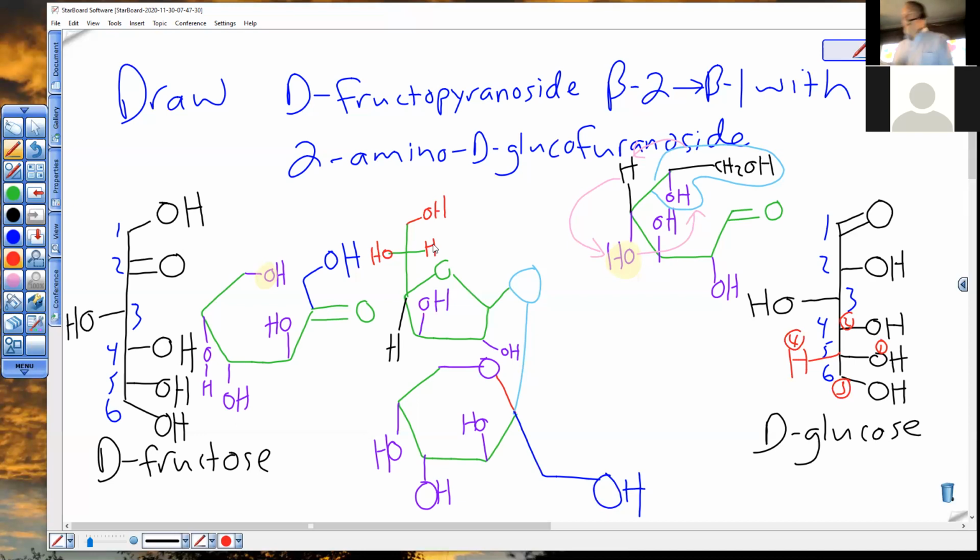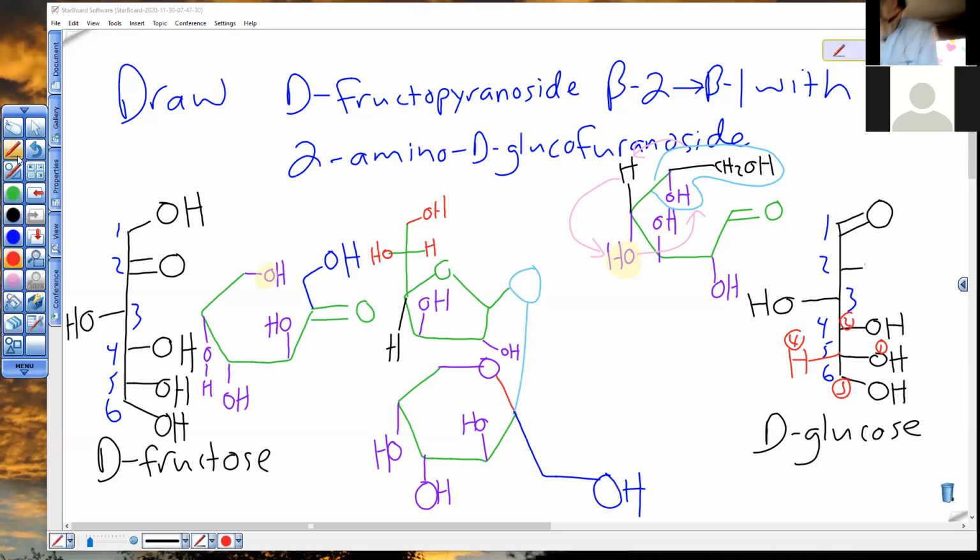And I totally ignored the fact that I had 2-amino in the name. I'm glad you guys are so patient with me. What does 2-amino mean? It means in the same position where you used to have an OH is an amino group instead. I'll put it in green. It's NH2 on carbon 2.